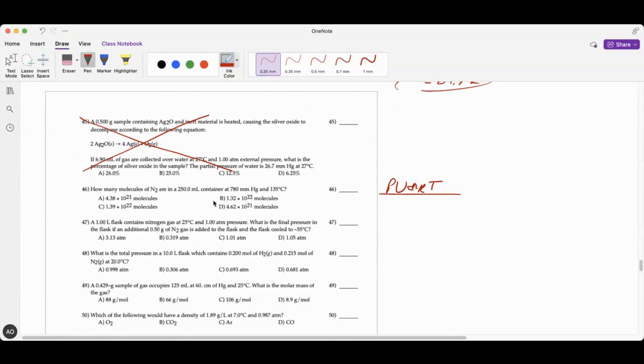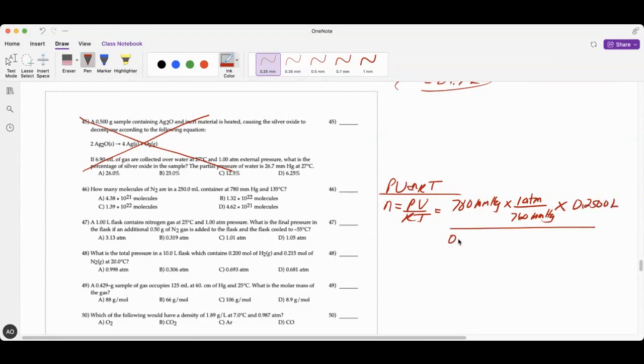We're going to solve for the number of moles, so it'd be PV over RT. The pressure is 780 millimeters of mercury. We have to convert that to atmospheres: 760 millimeters of mercury is 1 atmosphere. Then times the volume, 250 milliliters, which is 0.25 liters.